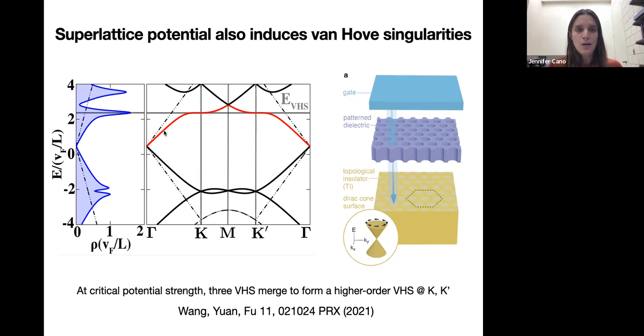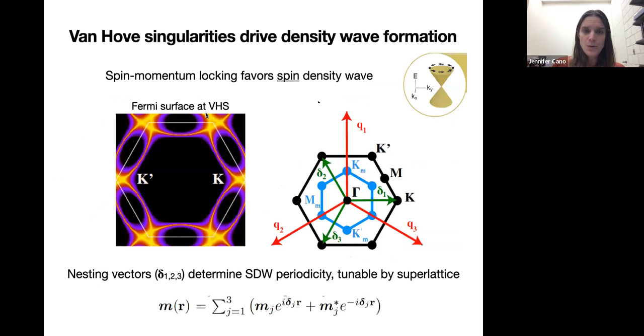And so we wanted to figure out, at these Van Hove singularities, what type of instability can you realize? You can clearly see that there are 3 Van Hove singularities nearby the K and K prime points. The K and K prime points are separated in momentum space, so these instabilities are going to drive some kind of density wave.